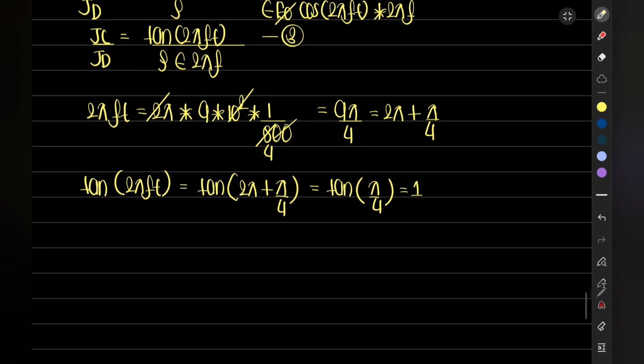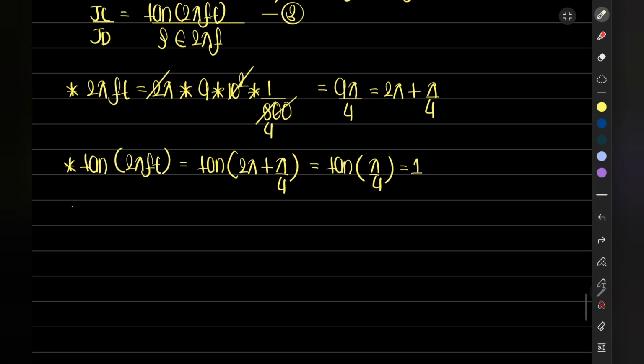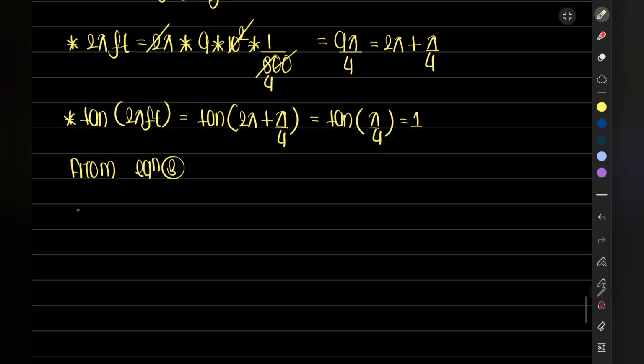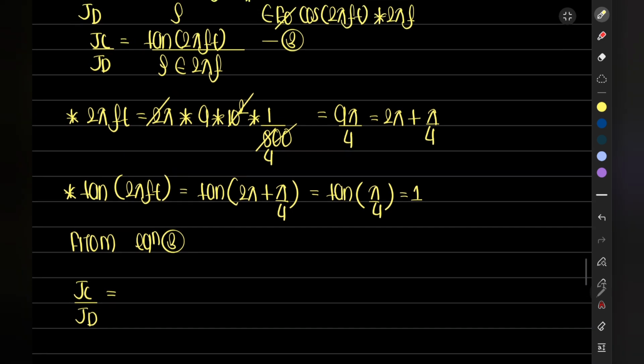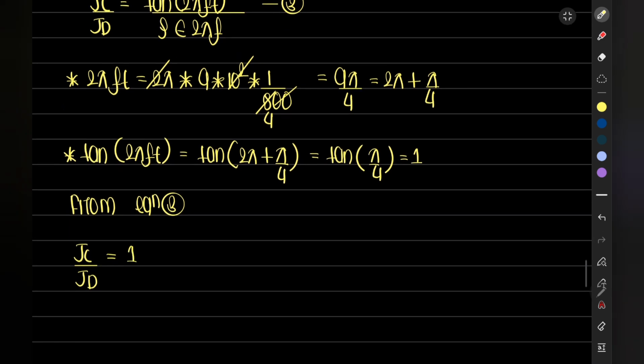Now one more thing we will need is the value of 2 pi f. We can put that directly in the equation. So from equation number 3, we have JC upon JD equals, with tan 2 pi ft being 1, so I will replace it by simply 1.